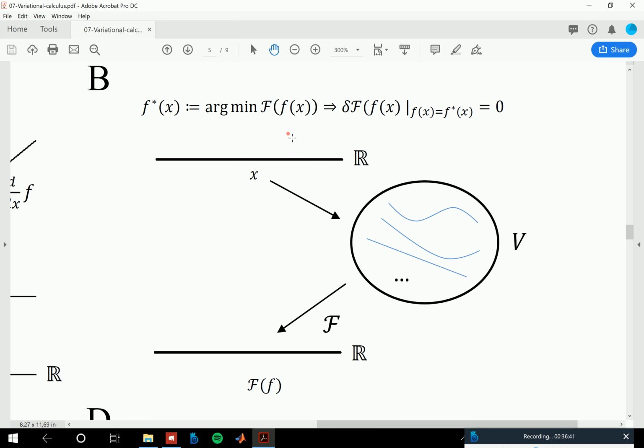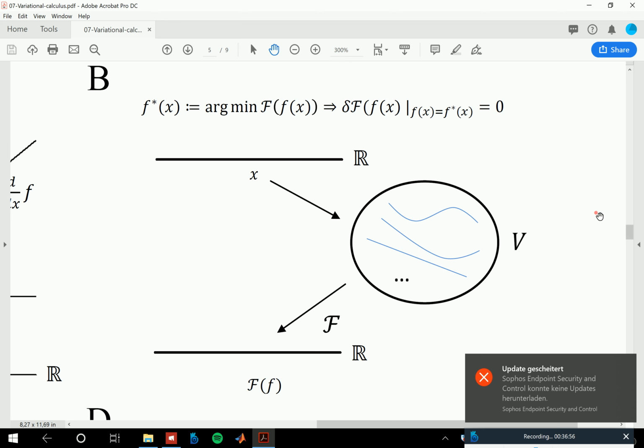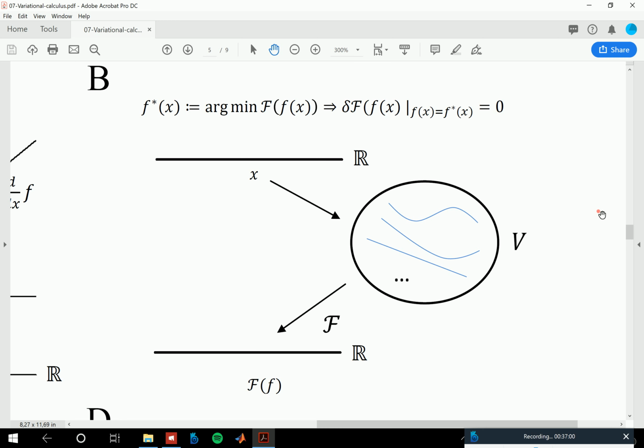And now the mathematical machinery that deals with the question of functionals, so functions of functions, and how to find the function that maximizes or minimizes a certain functional, is called variational calculus. Yeah?